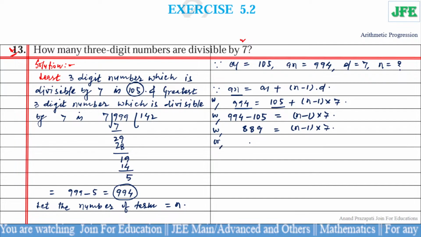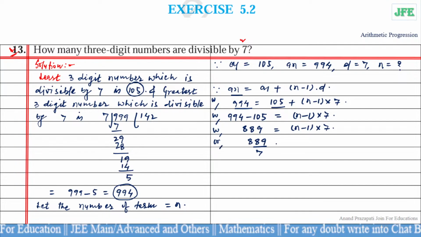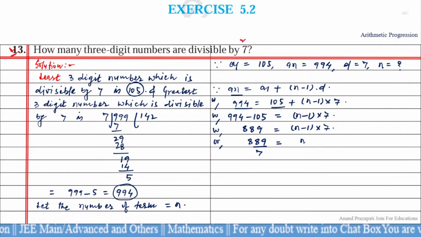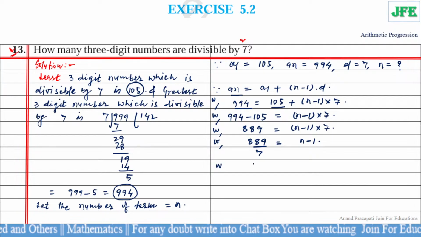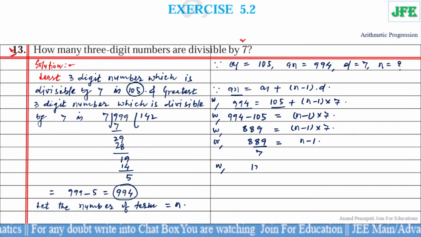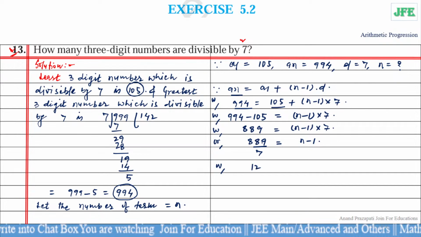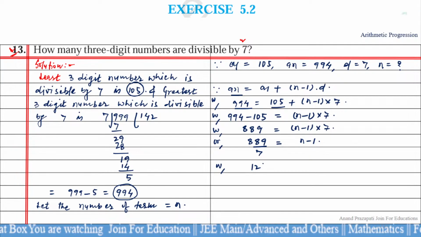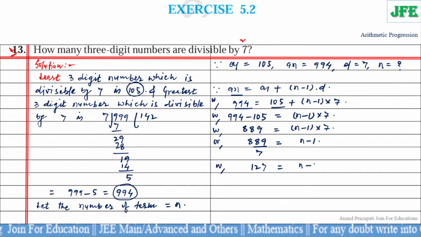So 889 by 7 equals n minus 1. Here 7 into 1 is 7, 8 minus 7 is 1, 18 minus 14 equals 4, 49. So 7 times 7 is 49, which equals n minus 1.